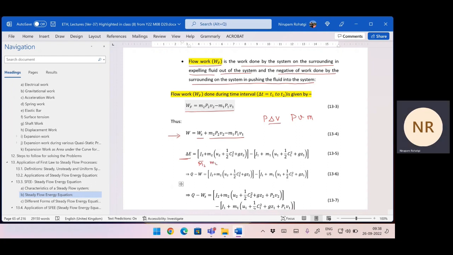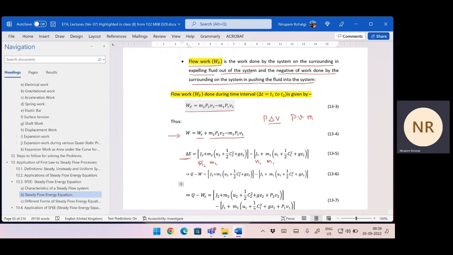These two together form the system. In the beginning, you have the main mass and m1, which form the system. So the final energy is J2 plus m2 into its total energy. J2 is the total energy of the main system, and the remaining term is the total energy of the mass which has come out.